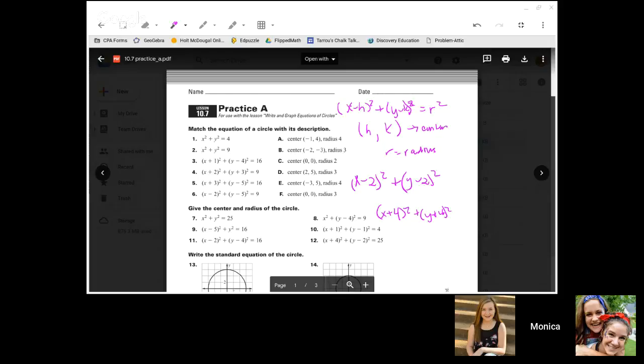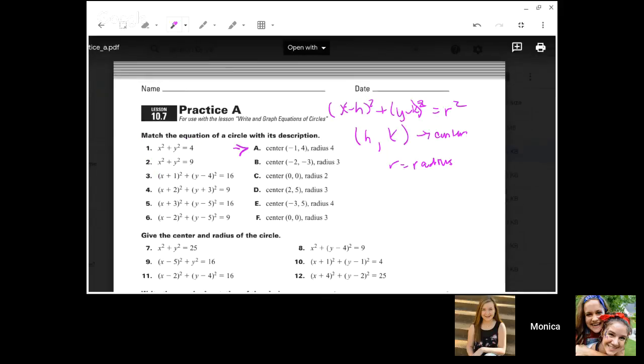Okay, let's see. Let me erase some of this. So if we look at, well, let's just look here at this side. This is not how you're supposed to do this section, but let's look at this, okay? So A says your center is at negative 1, 4, and your radius is 4. So that means, let's see if I can zoom in a little.